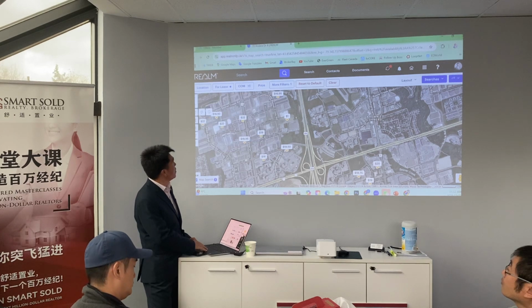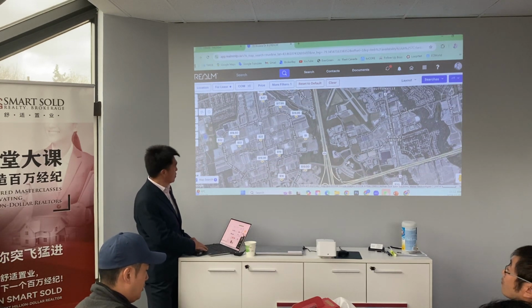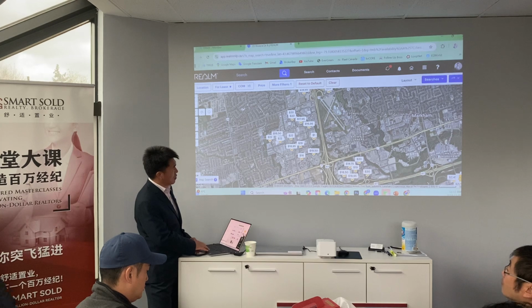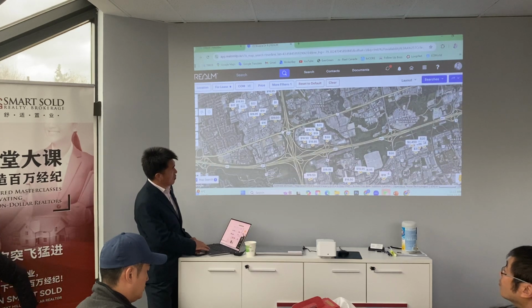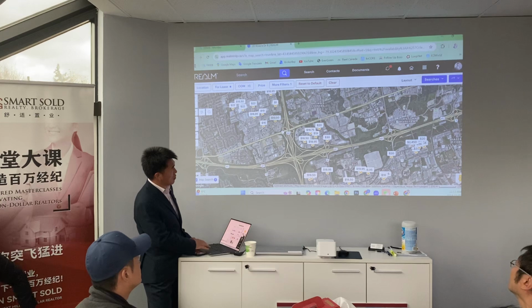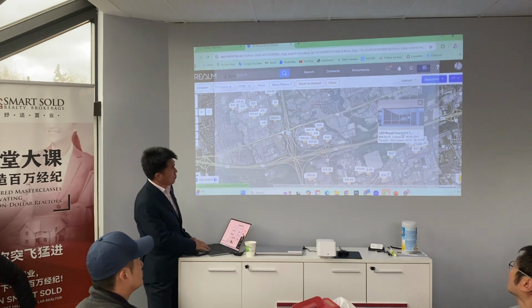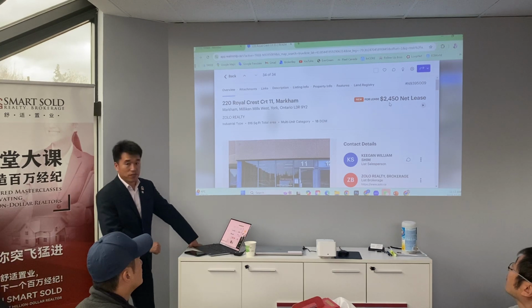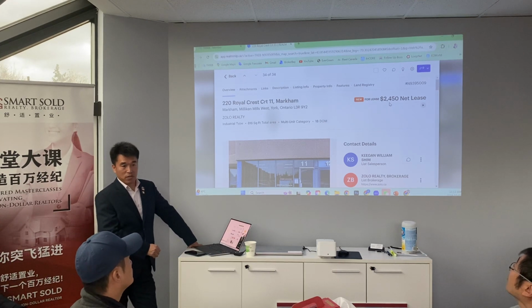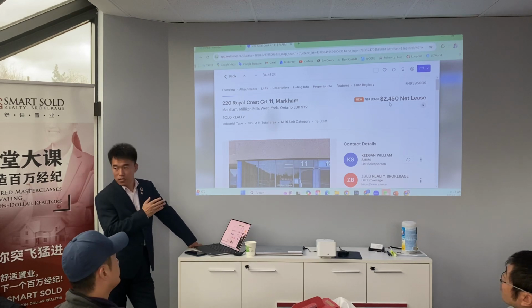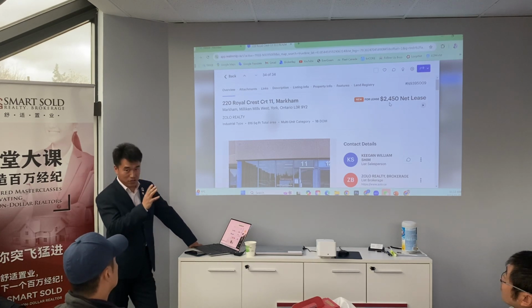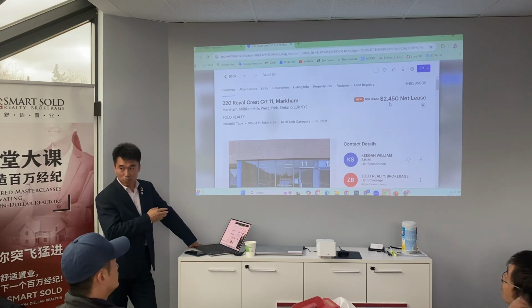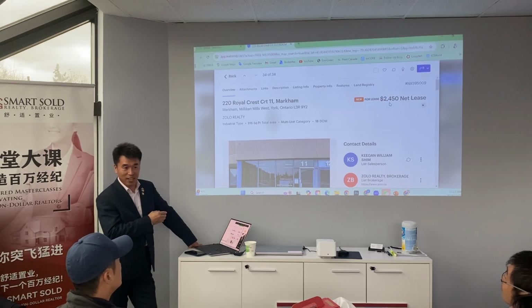Okay. Let me see if I can see. Oh, let's see here. So this is 2,450. When you see something over 100, especially a few hundred or 1,000, that's not per square foot anymore.